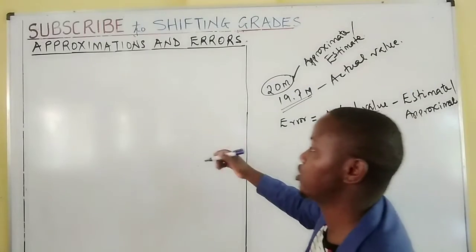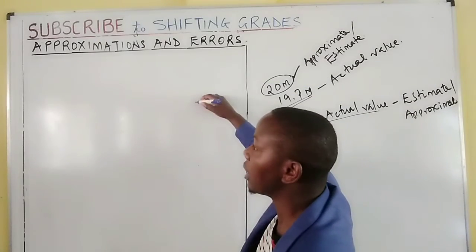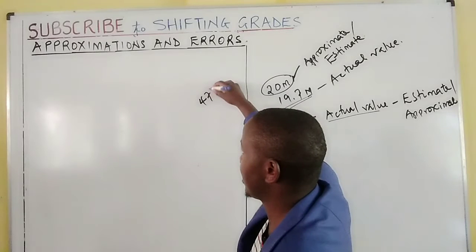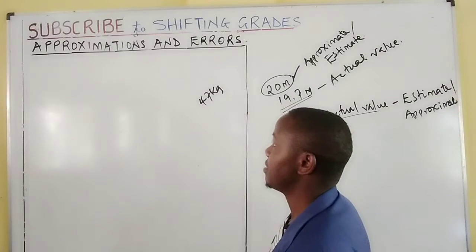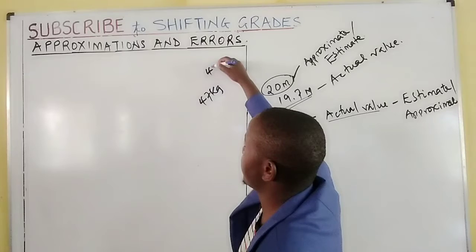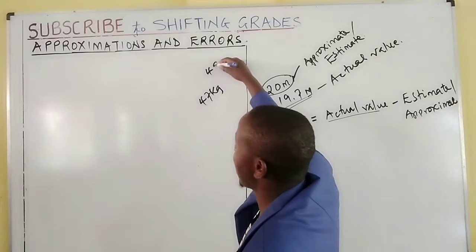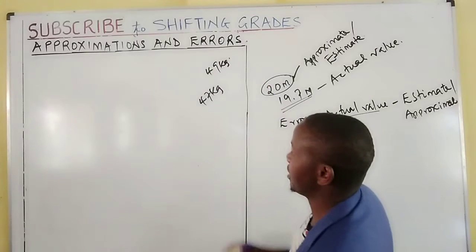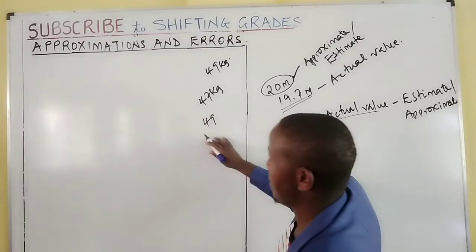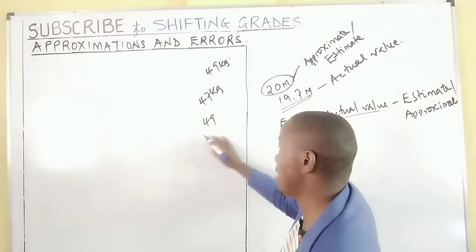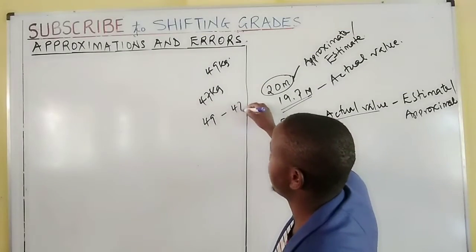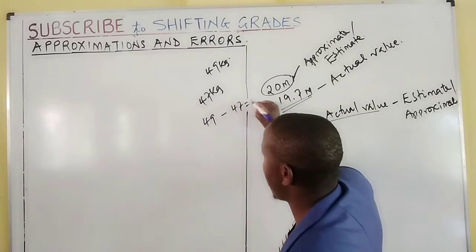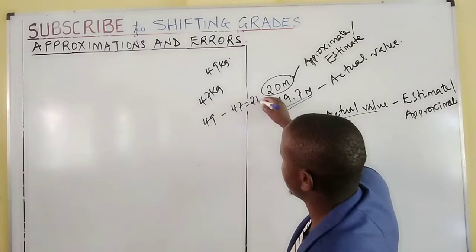So when you tell us that your weight is 47 kilograms and in real sense you are 49 kilograms, then the difference between 49, the actual weight you have, and 47, the weight you have approximated, is 2 kilograms.